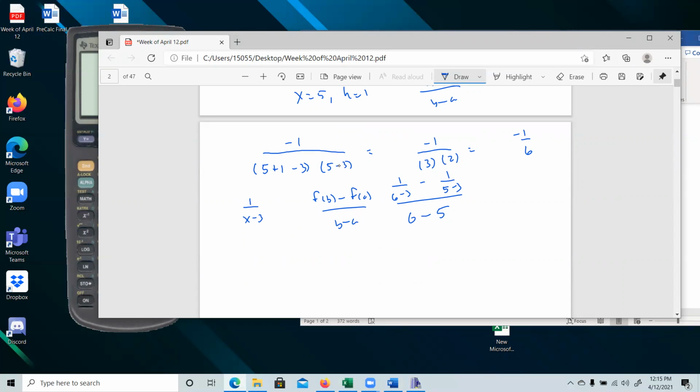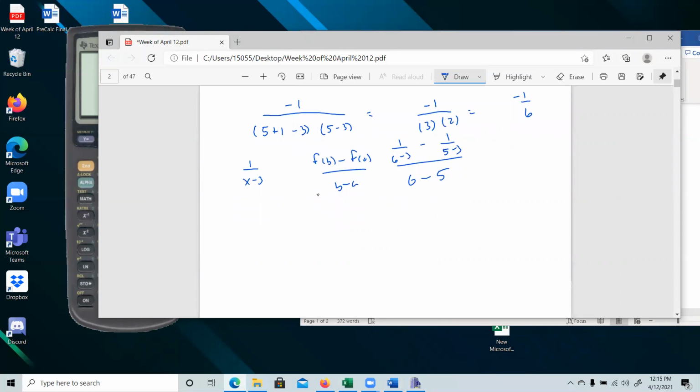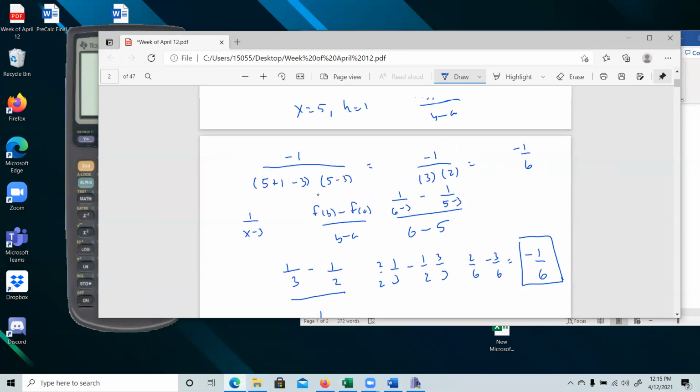Well, 6 minus 3 is 3, minus 1 over 5 minus 3, that's 2. And this is all divided by 1, so I don't need to write that anymore. So we get 1/3 minus 1/2. We should get some common denominators here. And we get 2 over 6 minus 3 over 6, which is minus 1 over 6. Hey, would you look at that?